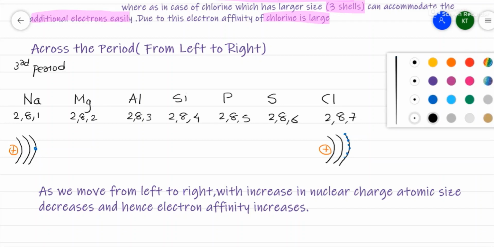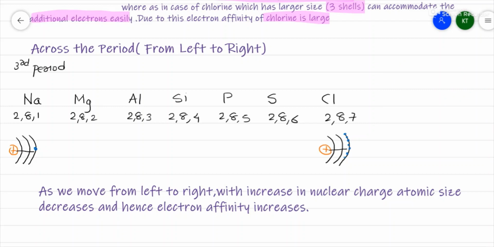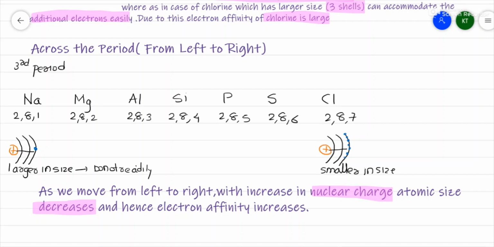Now if you look carefully, as we move from left to right, with increase in nuclear charge, the size of an atom decreases. So here I have a sodium atom, larger in size, and this is smaller in size. The larger atom does not readily gain an electron, while the smaller one readily gains an electron.